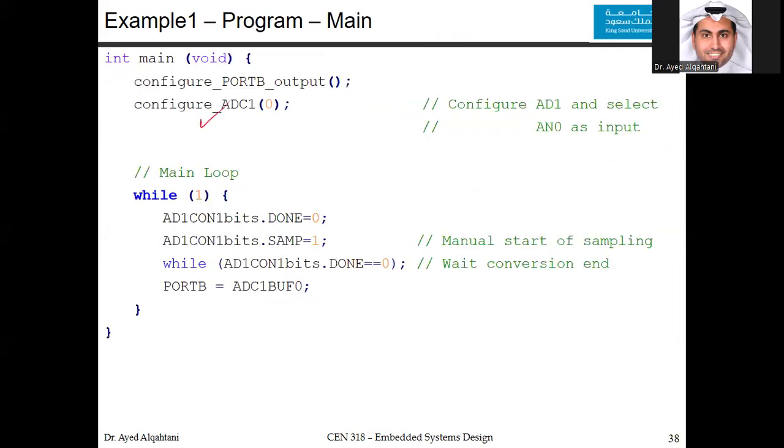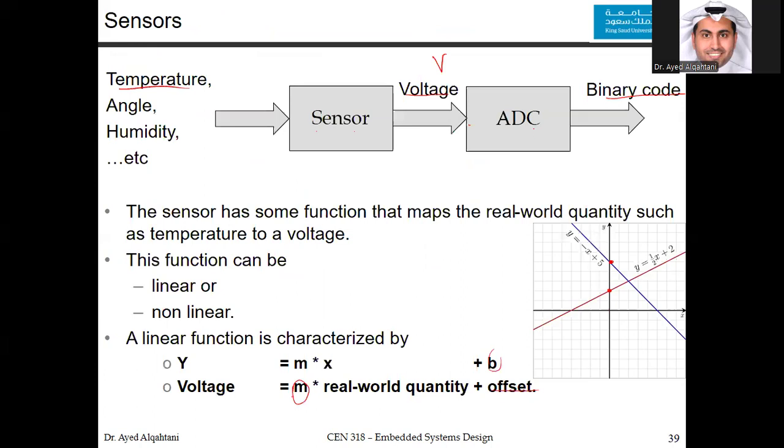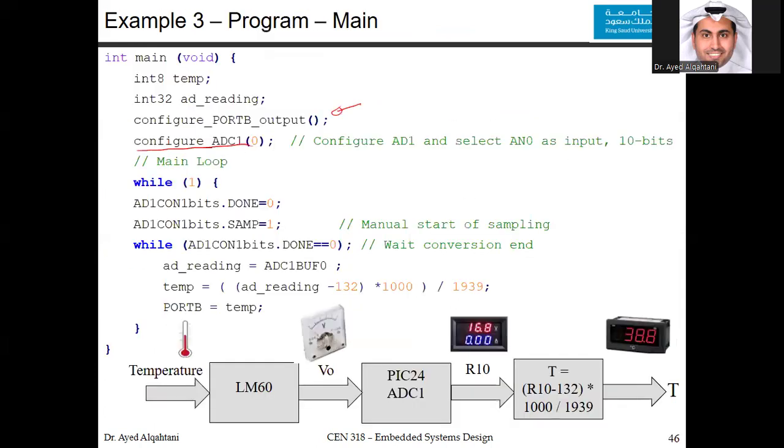And in the while loop, we use done, sample, and you wait for the done to become 1, and then you read the buffer. That's what we did in that example. Here we will do the same. Done, sample, wait in the while loop, and then read the buffer. That's exactly what we've done.